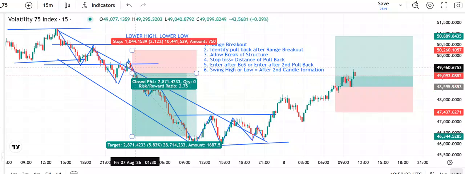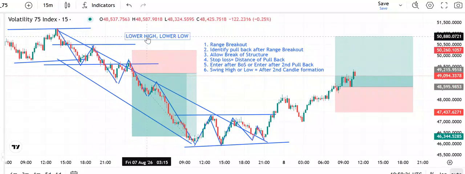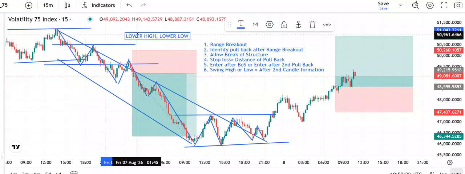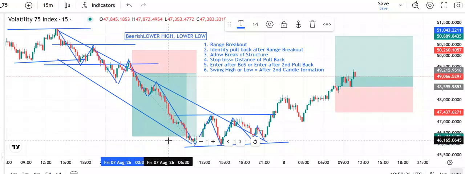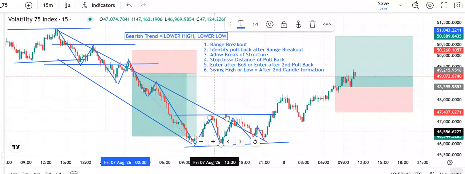So don't forget, when price starts to print lower high, lower low, that's a bearish trend. You start to see lower high, lower low.